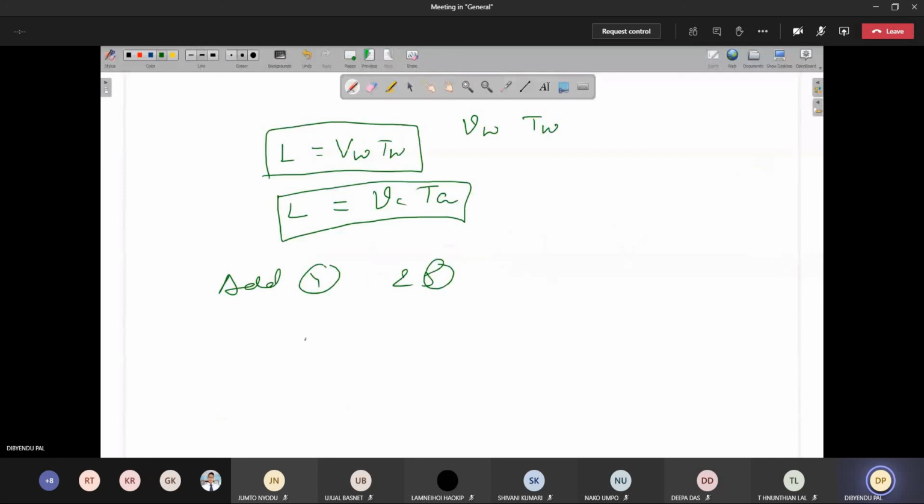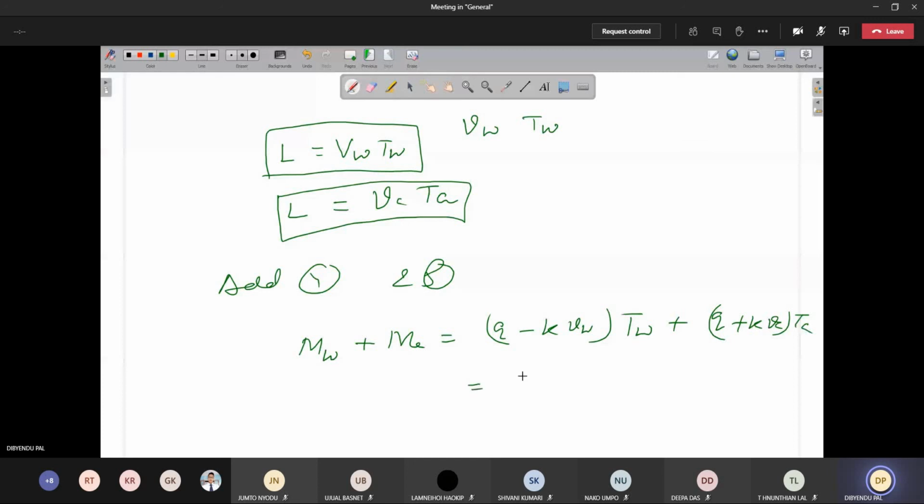Equation 4 was MW, and 5 was MA, and that is equal to Q minus K BW TW plus Q plus K BA TA.